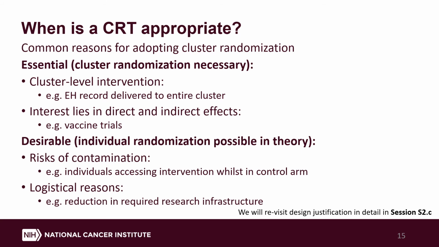And the other reason is logistical reasons. So these reductions in research infrastructure might be a compelling reason for adopting cluster randomization. Now we're going to revisit design justification in a lot more detail in section 2.